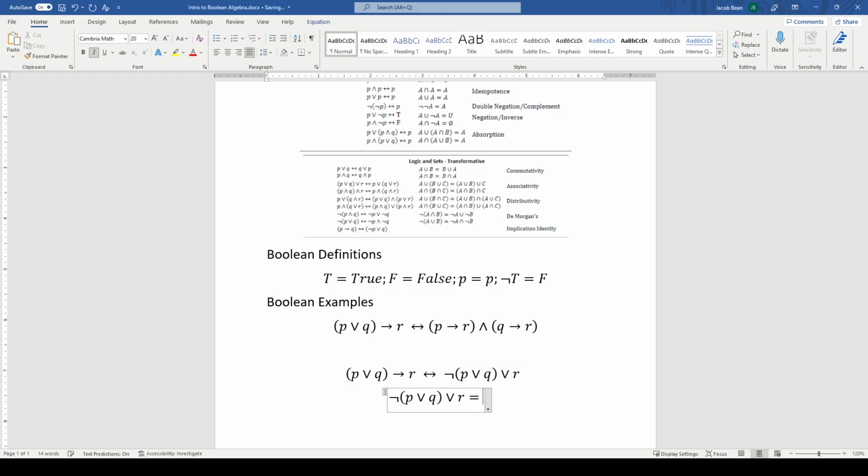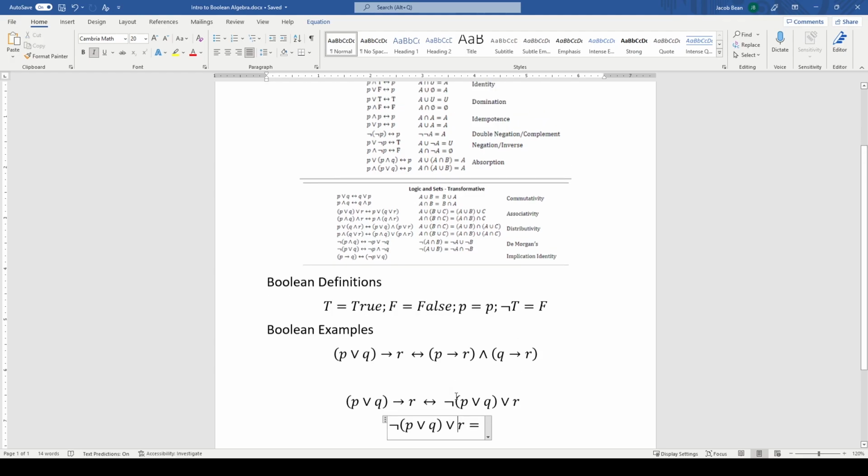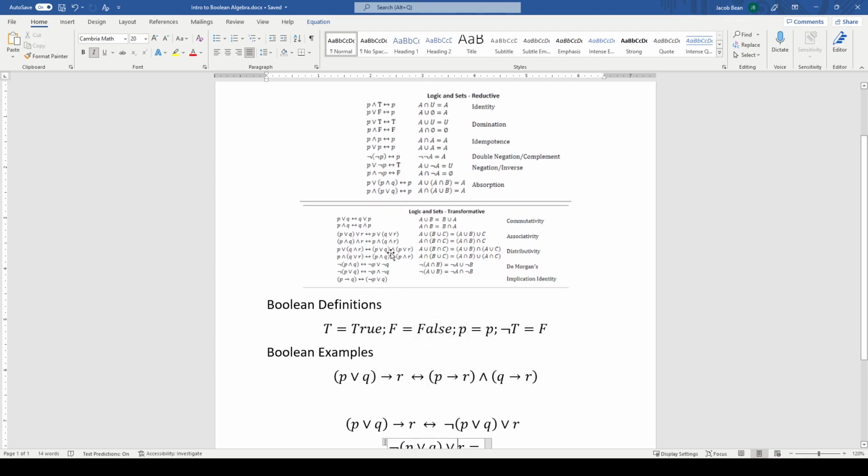Well, we know that we need two terms. So actually, I think the first thing we're going to do is distribute this negation. A good rule of thumb is whenever you're distributing a negation inside of a parentheses, because typically you're not going to have a parentheses around just one term, you need to apply De Morgan's law.